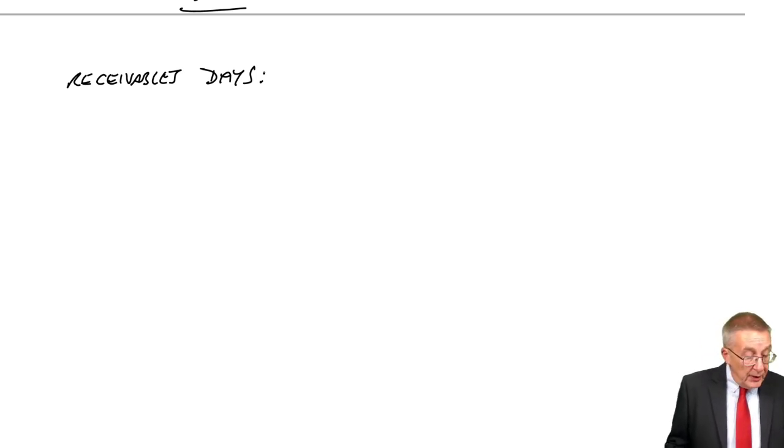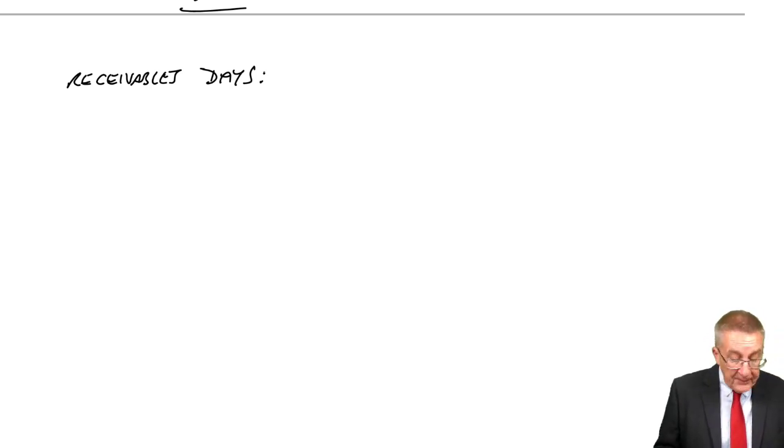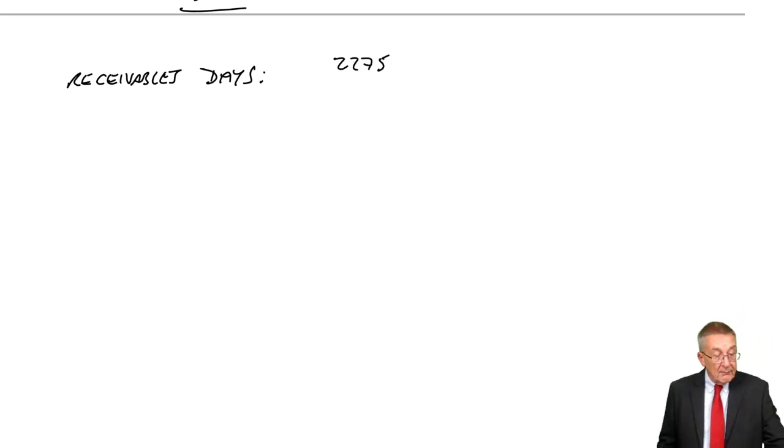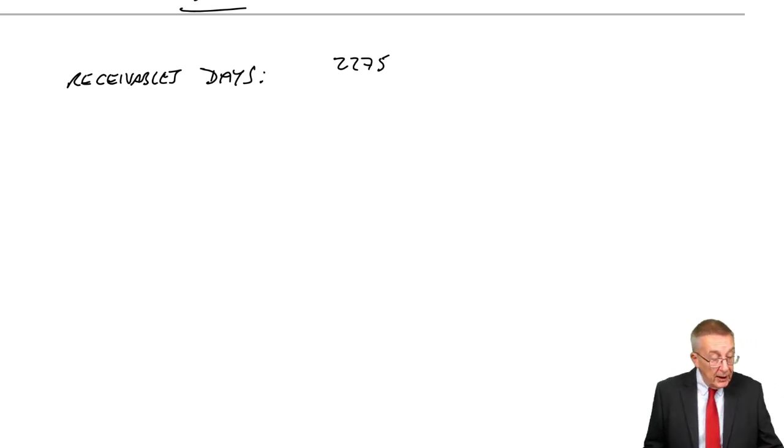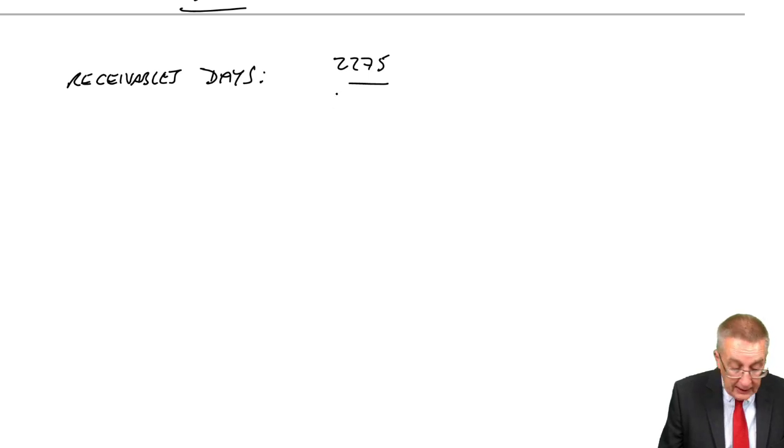And so what is it? Well, we know what the receivables are. At the end of 2010, receivables are 2275. We know what the total sales are. The revenue from the statement of profit or loss is 17,232.